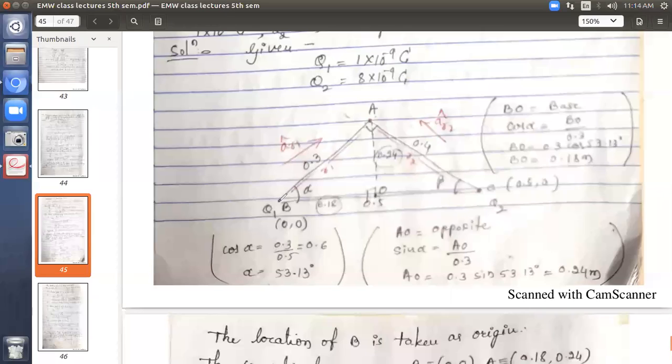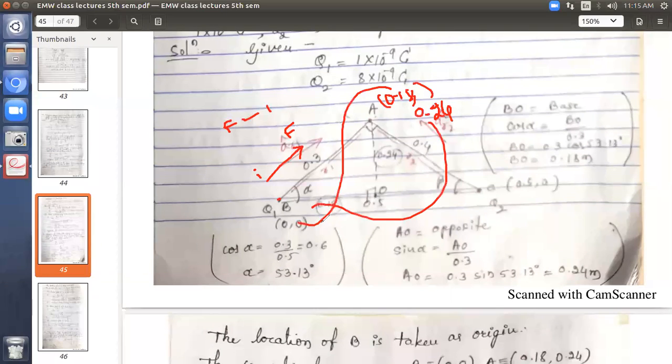For the AR unit vector, go for direction. Q1 is positive, so diverging field lines coming out. This is your initial point, this is your final point. So take final minus initial. What is final? Final is 0.18, 0.24. So 0.18 minus 0, then 0.24 minus 0.